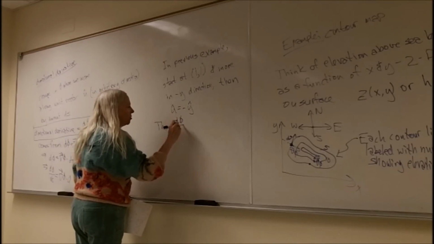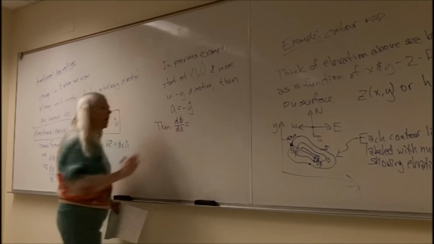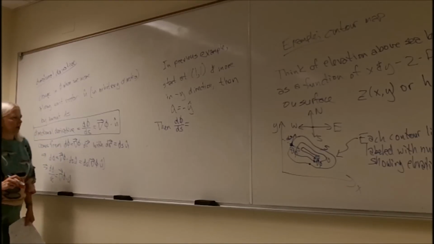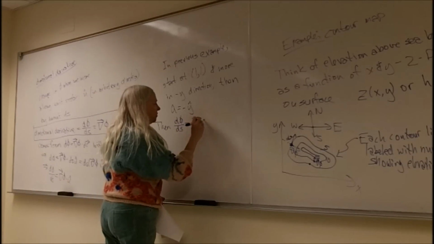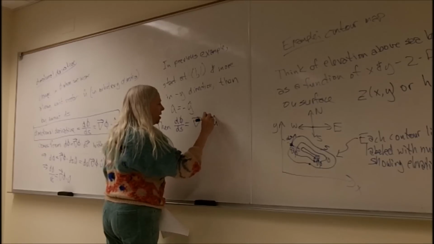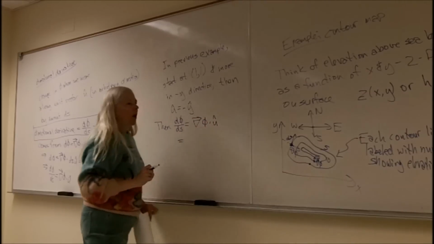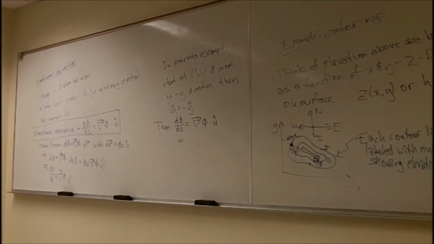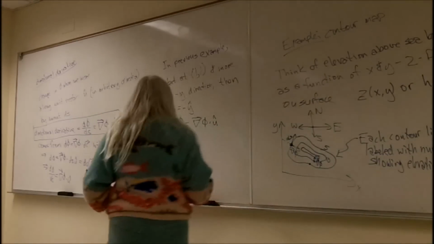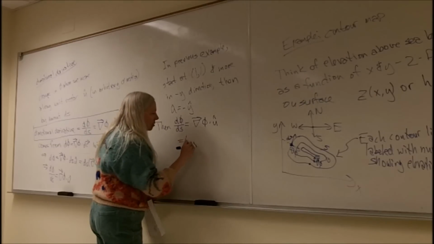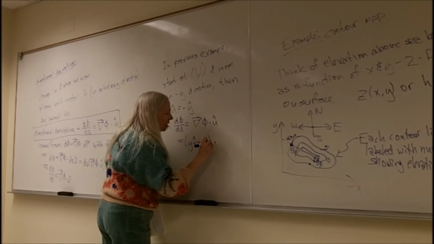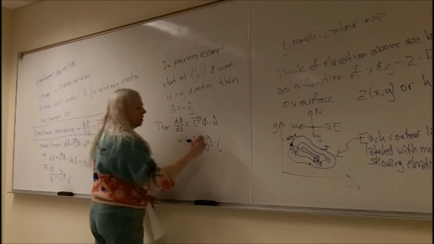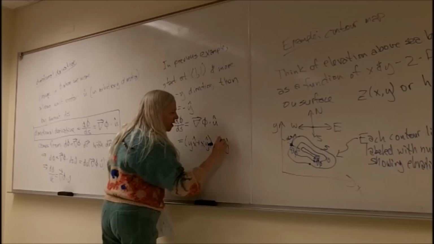So the directional derivative, d phi ds, when we move in that direction, our general expression for it, we said, is the gradient of phi dotted into u hat. Well, we already found for this example the gradient of phi is y x hat plus x y hat. We're going to dot that into our u hat, which is now minus y hat.